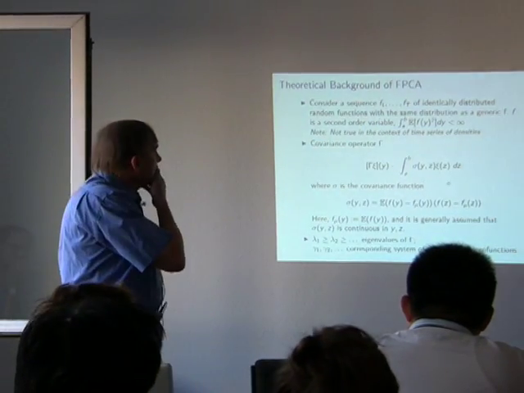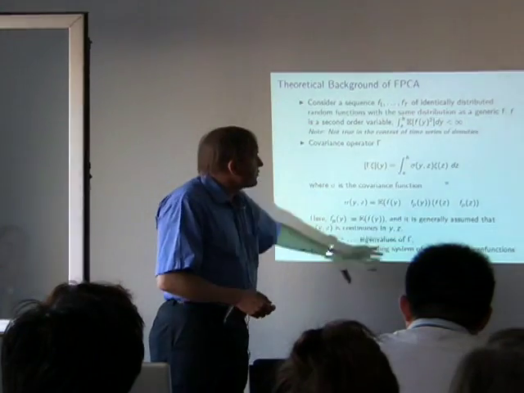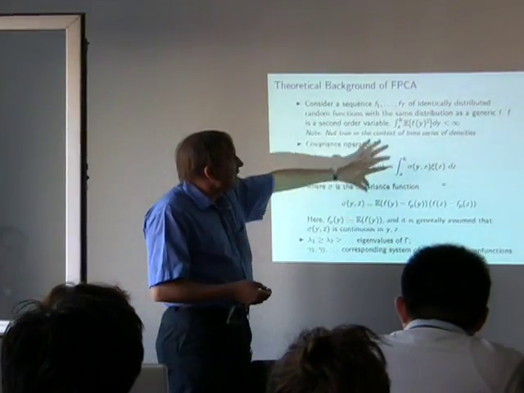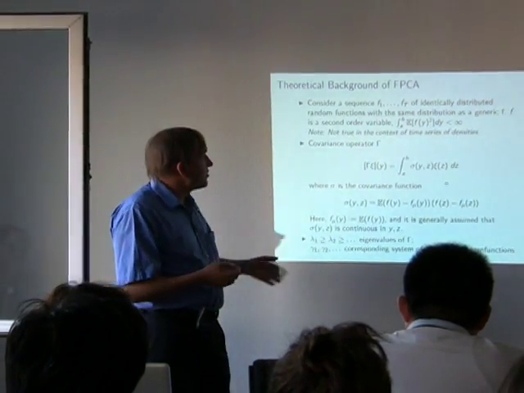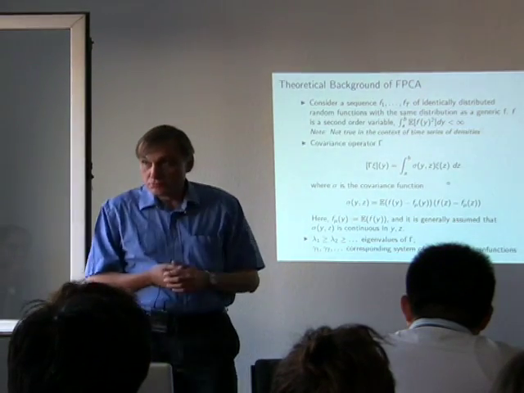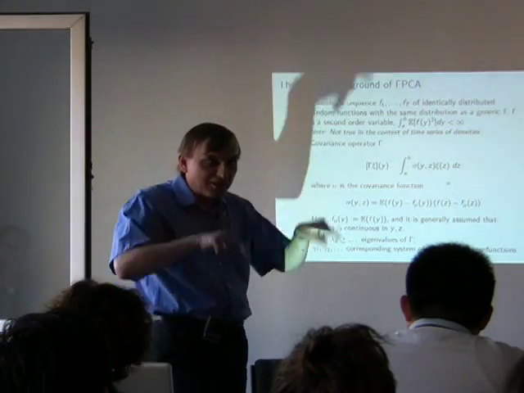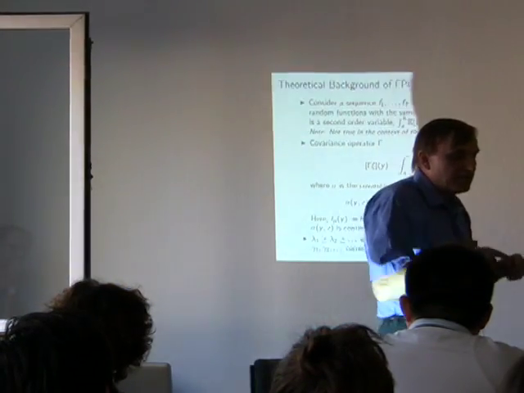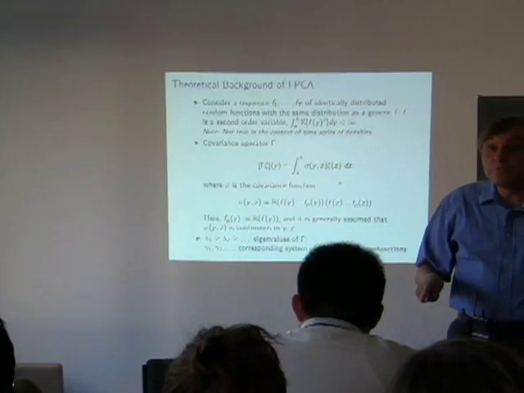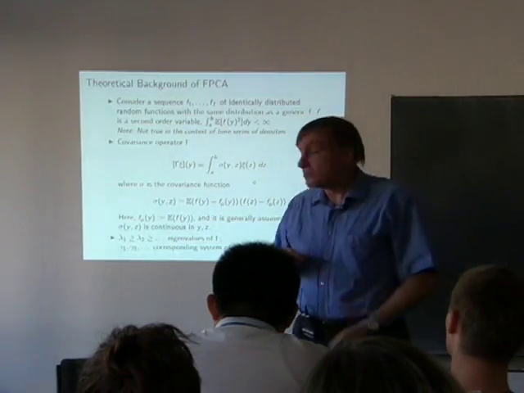And so for these samples of curves, just as for vectors you have the covariance matrix, here you have the covariance operator, which is of course harder to define because it's not just a rectangular scheme of values.